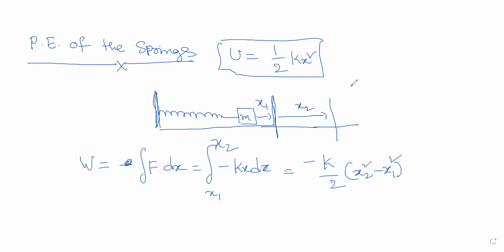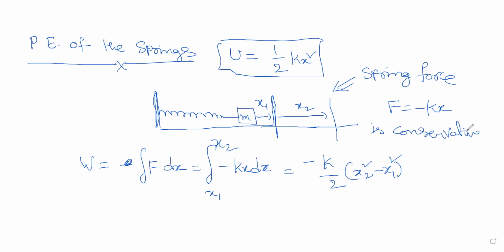And I said the spring forces are conservative. Spring force F is equal to negative of kx is conservative. As this force is conservative, the negative of work done is the potential energy. So the potential energy of the spring is half k into x2 square minus x1 square.